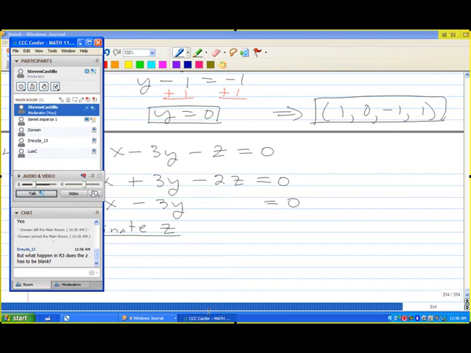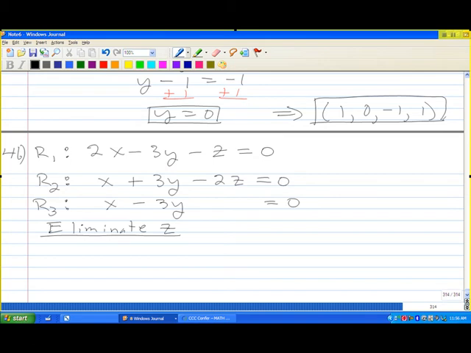So if you look at the actual system, the third equation doesn't include a z, and so it'll make you able to find the solution easier, just because one of the variables has already been eliminated. And so that makes our life a little bit easier.